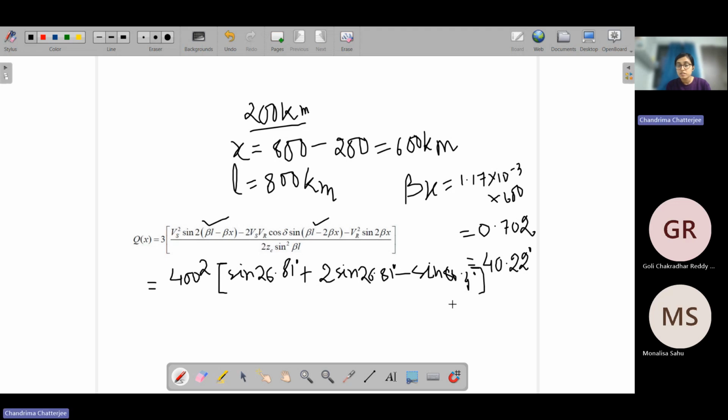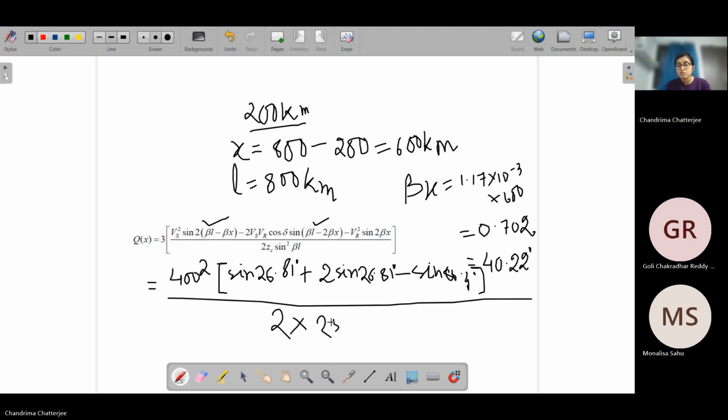This is the numerator. And in the denominator, 2 into 257 multiplied by sine square beta L. This is 0.65.